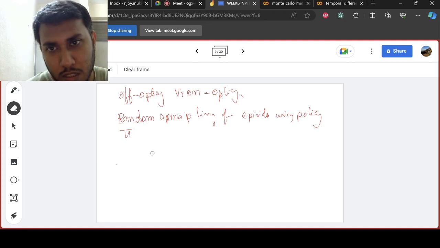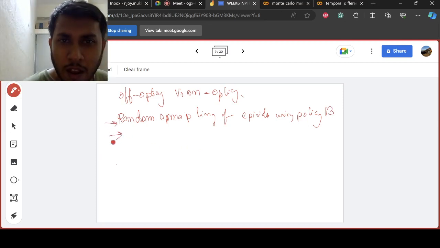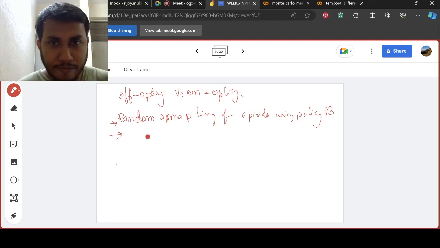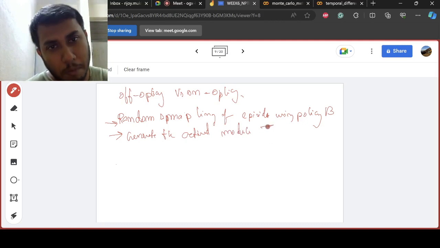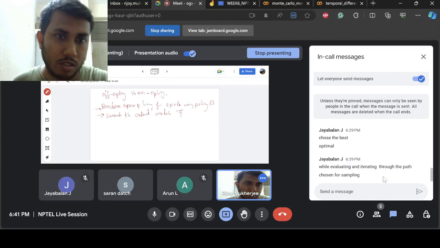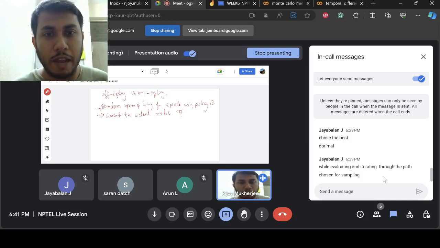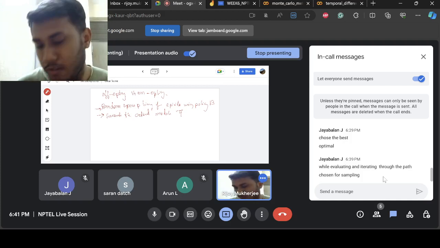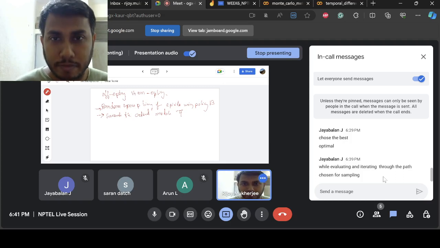So what does this mean? There is sharing which we were doing previously: random sampling for generating the episode, and non-random sampling for generating the new policy.